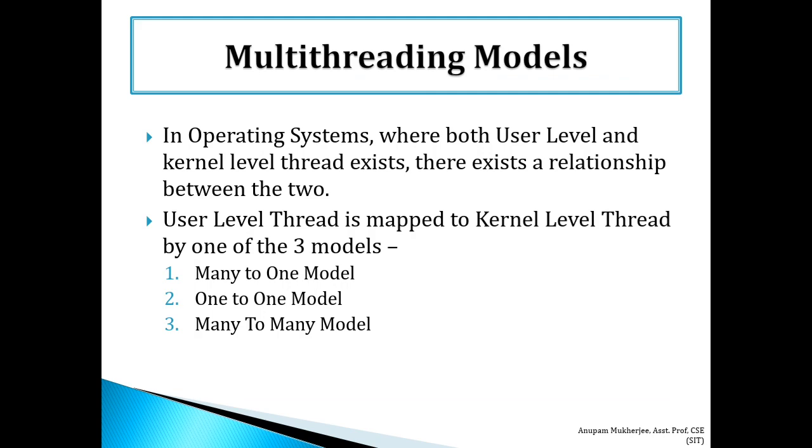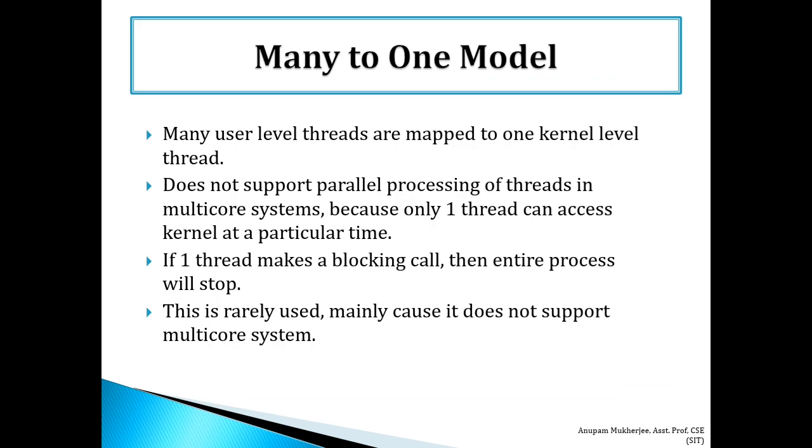These three modeling structures are there. As the term suggests, in the many to one model, many user level threads correspond to one kernel level thread. It does not support parallel processing of threads in a multi-core system, because only one thread can access the kernel at a particular time. You have only a single kernel, so you cannot achieve parallel processing.